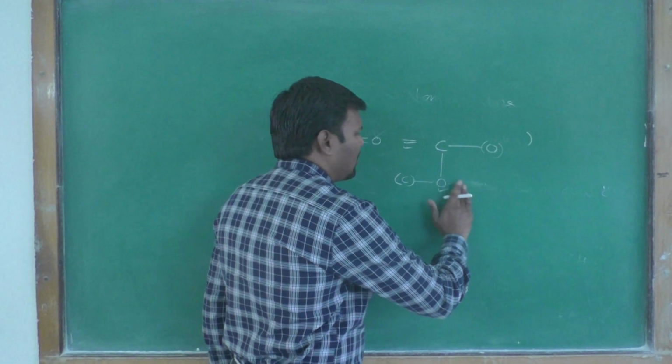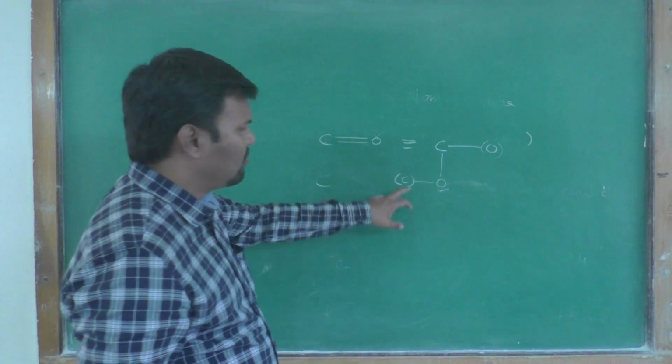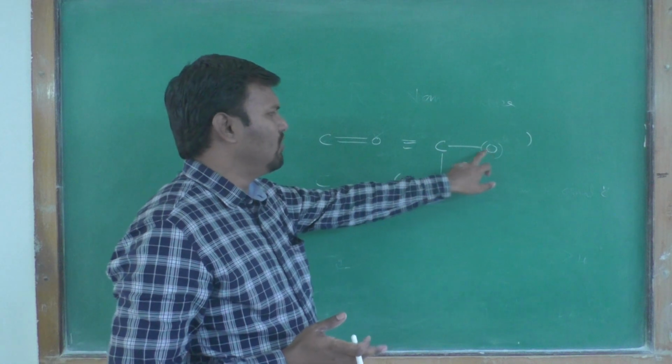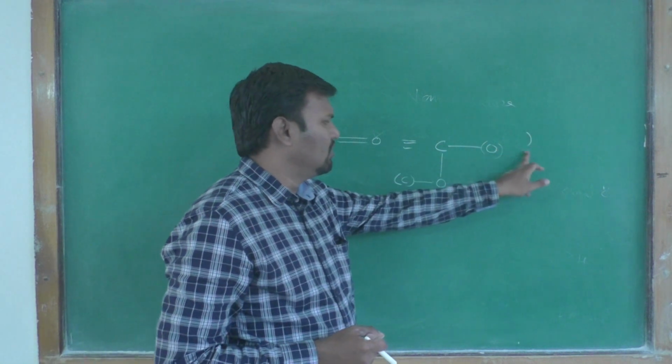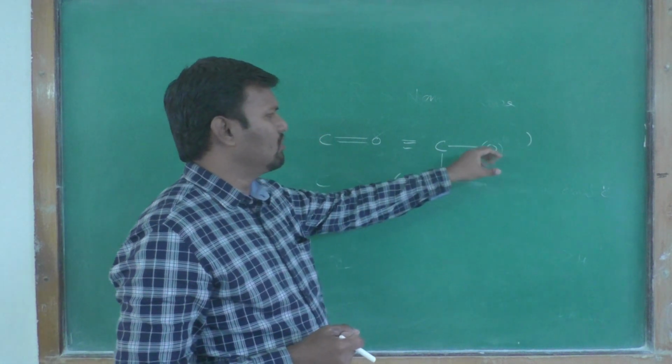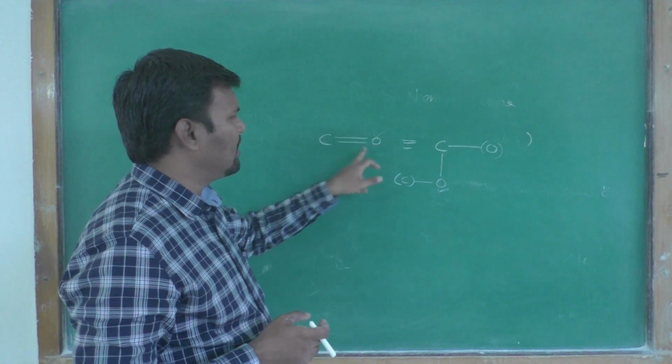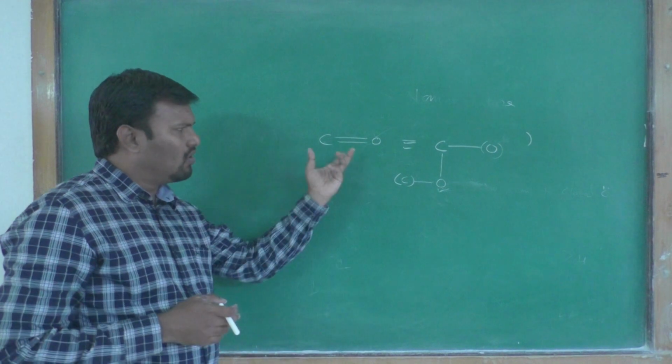In this case, oxygen has only one valency, therefore we have shown one carbon in brackets. For this oxygen we have not shown another valency because it's directly attached to this carbon.